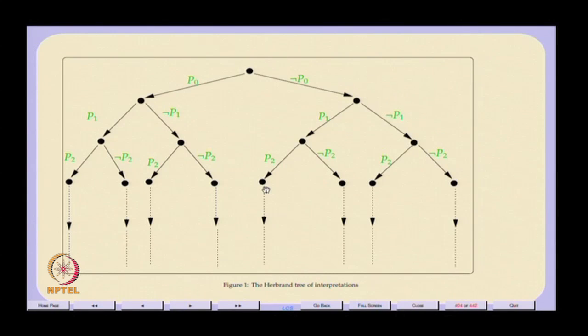So, the Herbrand tree of interpretations essentially gives you a power set of that. It gives you all possible interpretations in the term algebra itself for all possible atomic predicates.